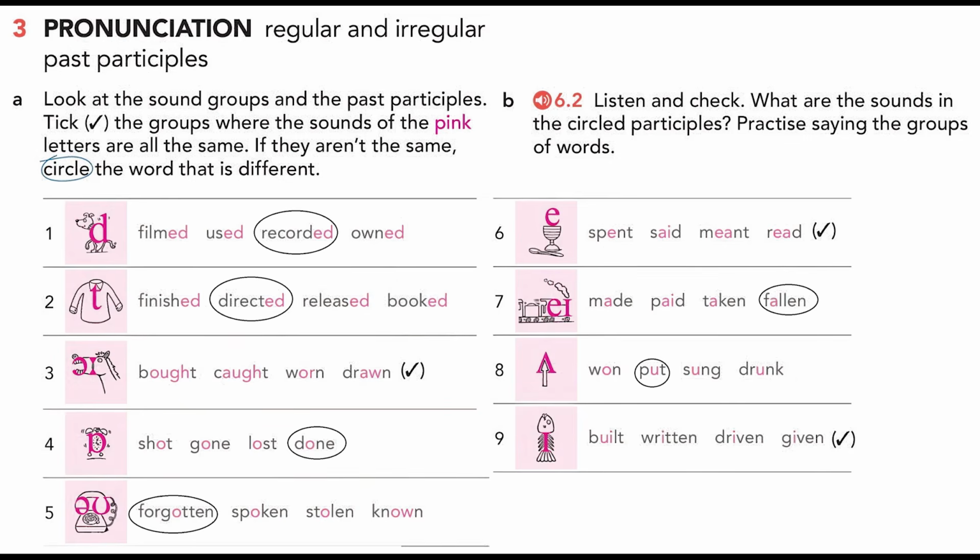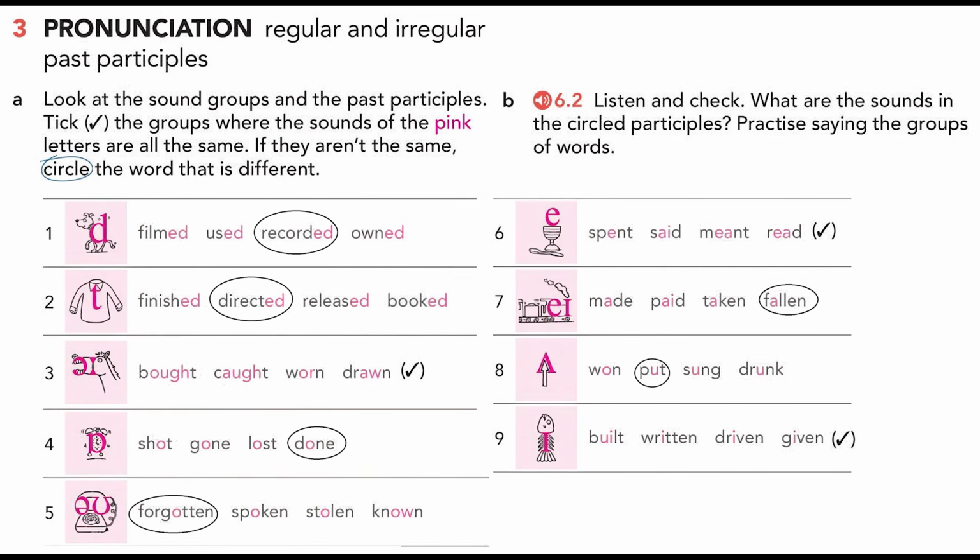Six point 2. 1. Dog. Duh. Filmed. Used. Recorded. Owned. 2. Tie. T. Finished. Directed. Released. Booked. 3. Horse. Or.